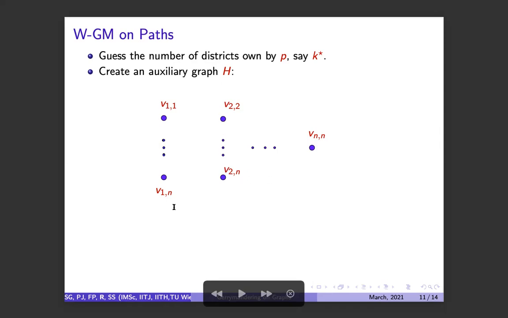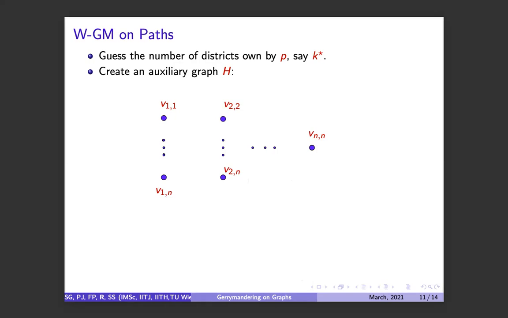Now, if a district is ending at some vertex I, there must be a district that starts from vertex I plus 1, because at the end of the day I want a partition of my whole vertex set.